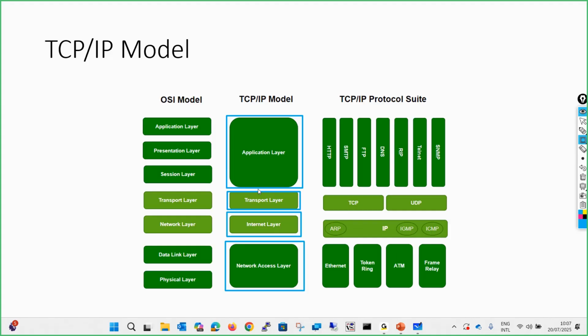Error checking is there. If there is any kind of error, then the data is retransmitted. We have discussed the three-way handshake, which happens in TCP. But with UDP, there is no guarantee that there will be no errors. There can be errors, but it is fast.